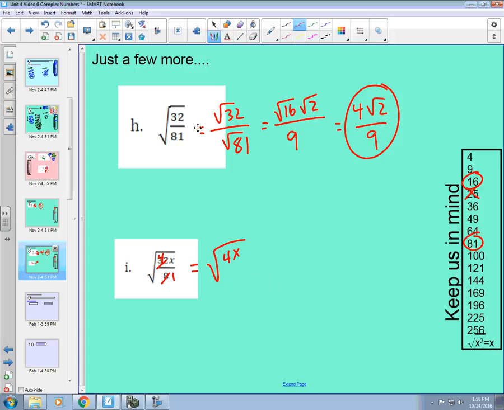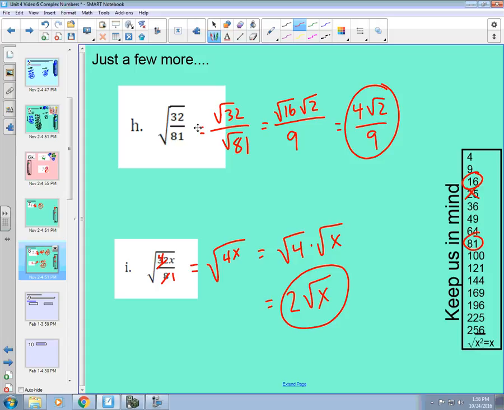So now our goal is just to simplify the square root of 4x. Well, if you're multiplying two numbers under the same square root, we could write that as square root of 4 times square root of x. Square root of x doesn't simplify, but square root of 4 sure does. That's 2. So the answer would be 2 square root of x.